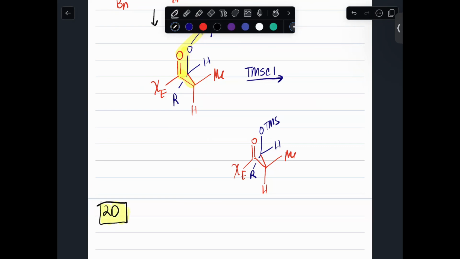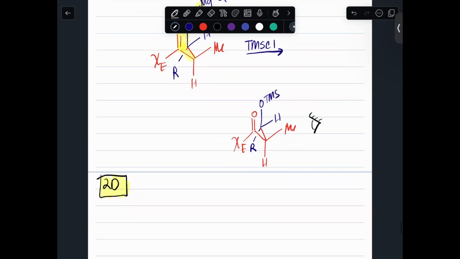You can look at it from the left. You can look at it from the right. I like to look at it from the right because I always like my Evans oxazolidinone and my carbonyl on the left side. So just like before, I number 1, 2, and 3. I'll continue to color code. I can now go ahead and draw carbon 2.